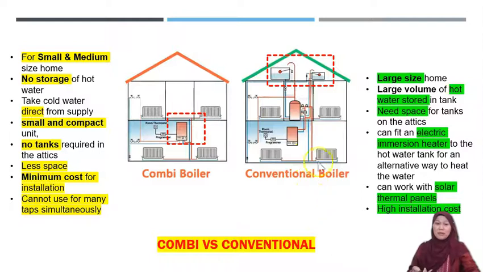It can also be paired with solar thermal panels. For Combi, you cannot use solar thermal panels. And conventional involves a high installation cost because you need to install the tank and also the cylinder for hot water.